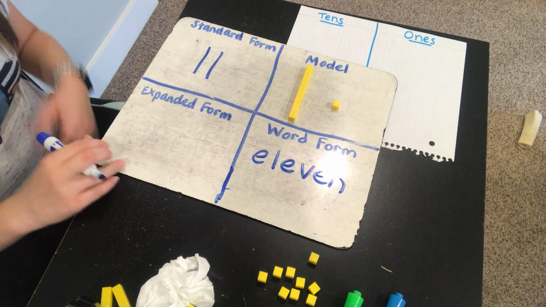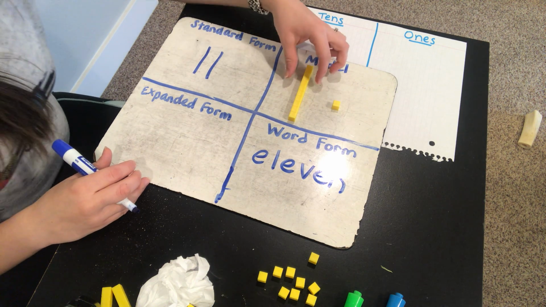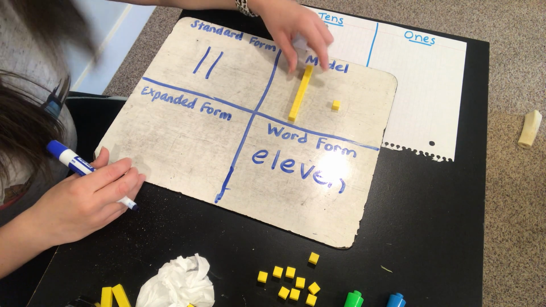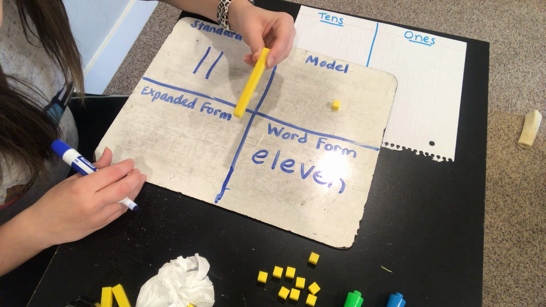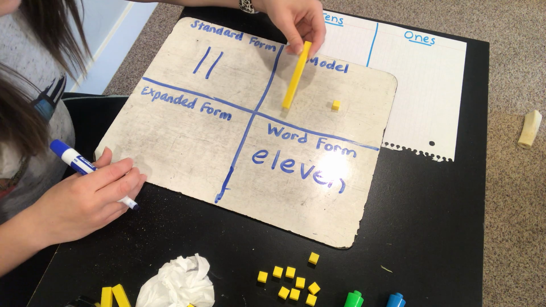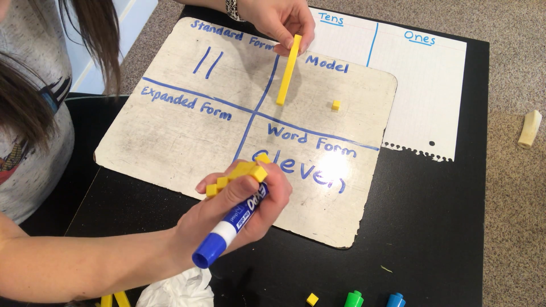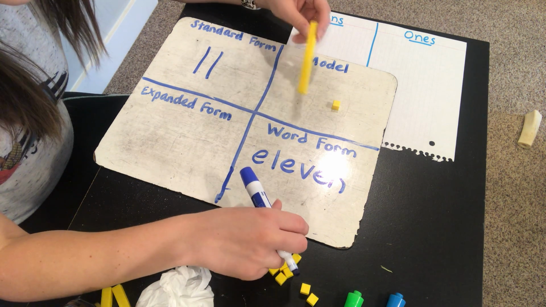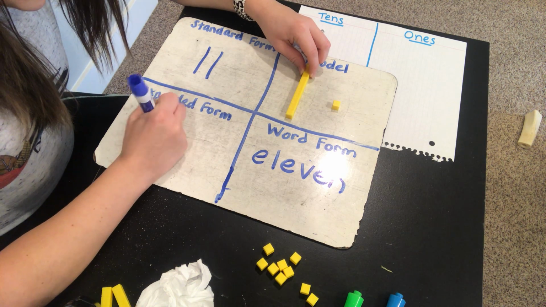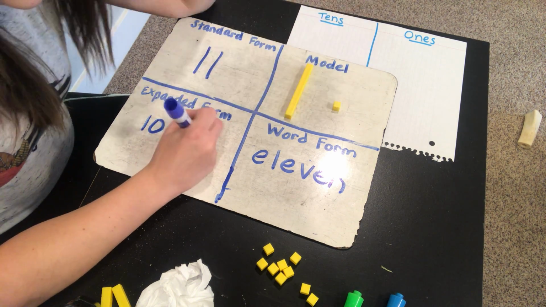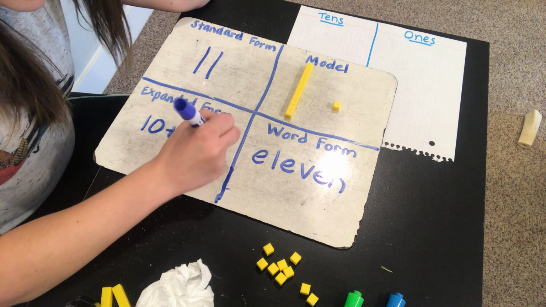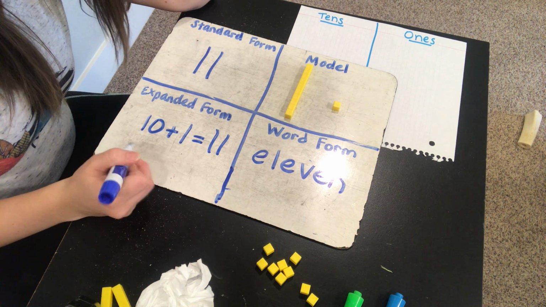For expanded form, I stretch out my model. So remember, this is not just 1, this represents 10. Okay? Remember, we traded out 10 ones for this 1 10. So this is 10 plus 1 equals 11. This is the expanded form.